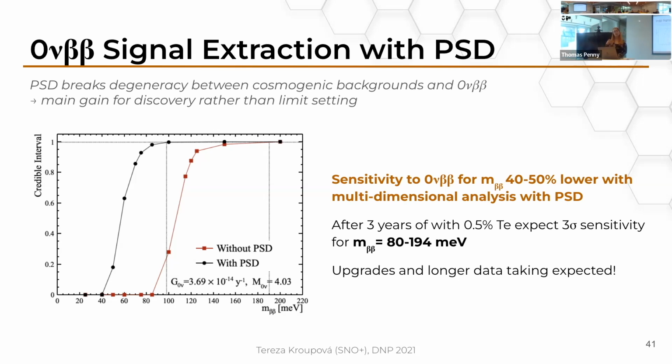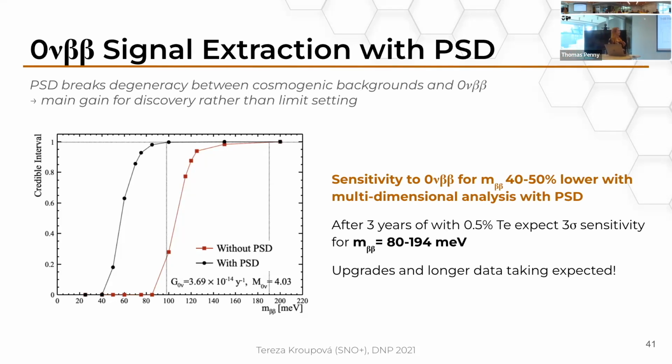Yes, you effectively decrease some backgrounds by using this and increase the limit, but when you're looking for discovery, you really need to make sure that nothing is correlated with your signal. That is exactly what the PSD dimension is doing in terms of the cobalt-60 and the cosmogenics, because those are floated in the fit as well.